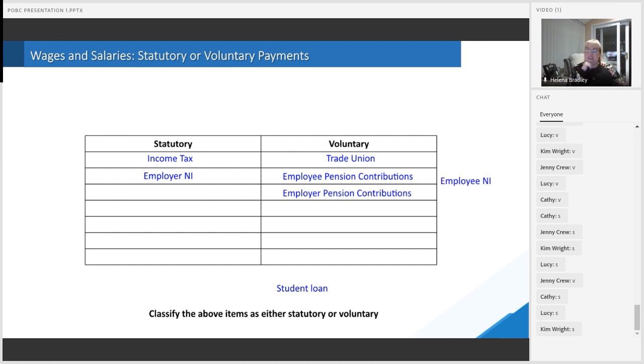What about the employee NI? Absolutely, we don't have a say on that one. And what about our student loan? Can we say no? No, unfortunately not. Okay, well done. So those are our statutory and voluntary payments, not deductions, just payments.